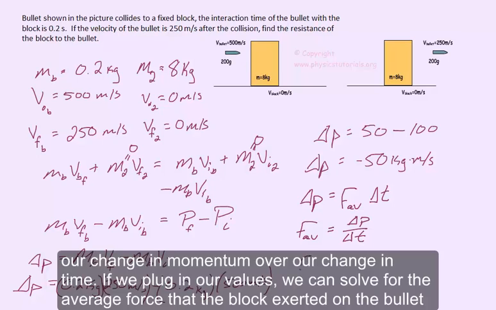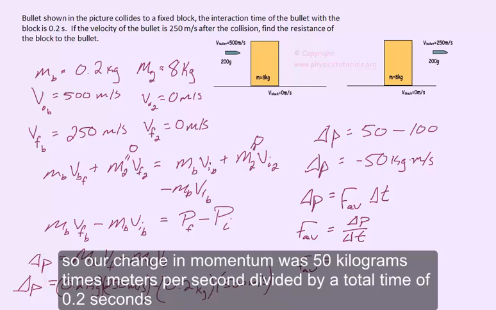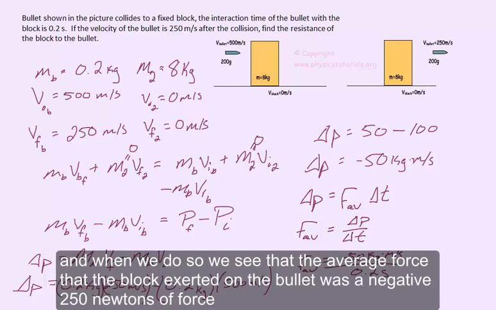If we plug in our values, we can solve for the average force that the block exerted on the bullet. So our change of momentum was negative 50 kilograms times meters per second divided by a total time of 0.2 seconds. And when we do so, we see that the average force that the block exerted on the bullet was negative 250 newtons of force.